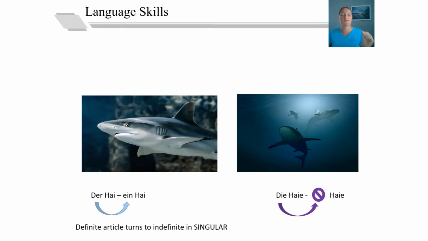There is no indefinite article for the plural form. This is really, really important. Never ever will you find an indefinite article in the plural forms of the nouns. Never ever.